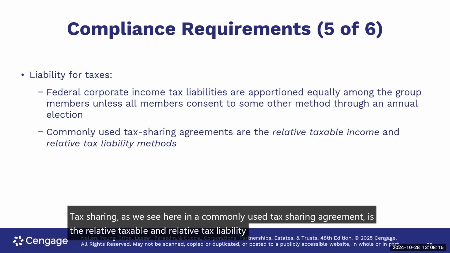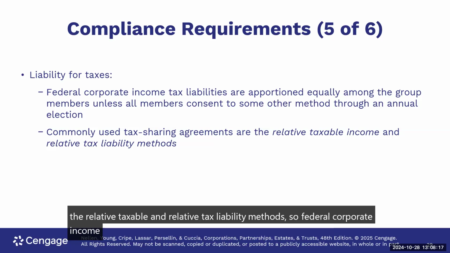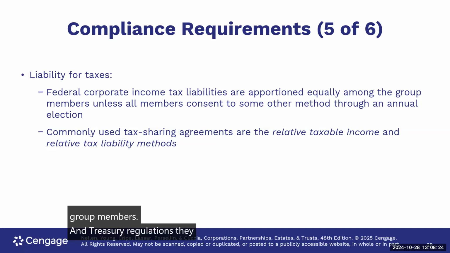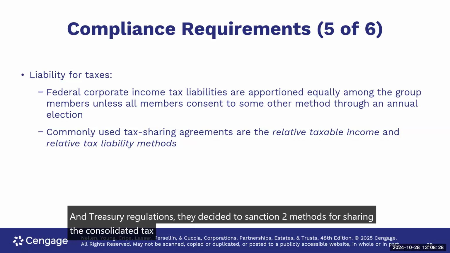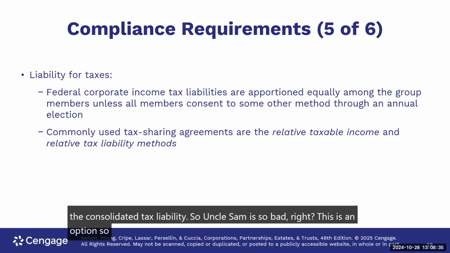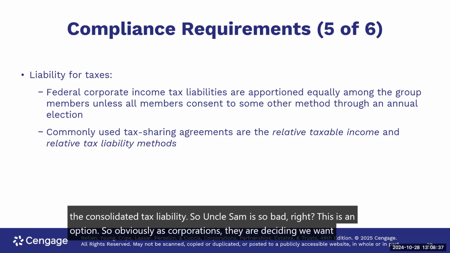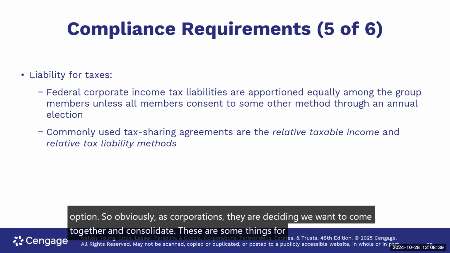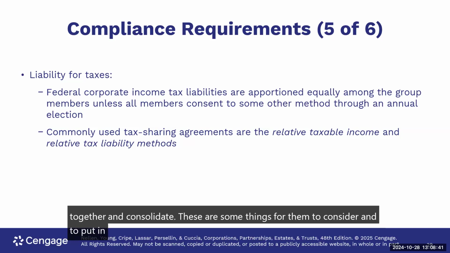Treasury regulations sanction 2 methods for sharing the consolidated tax liability. So Uncle Sam isn't so bad, right? This is an option. As corporations decide they want to come together and consolidate, these are some things to consider and put in place beforehand. We have the relative taxable income method and the relative tax liability method.